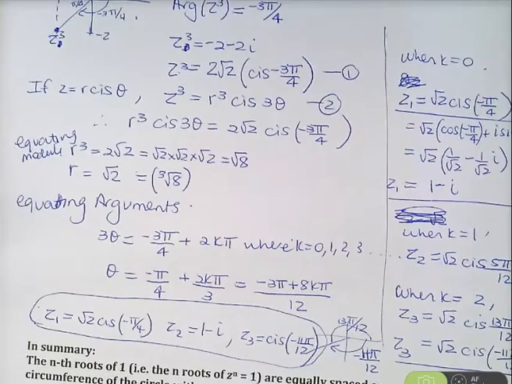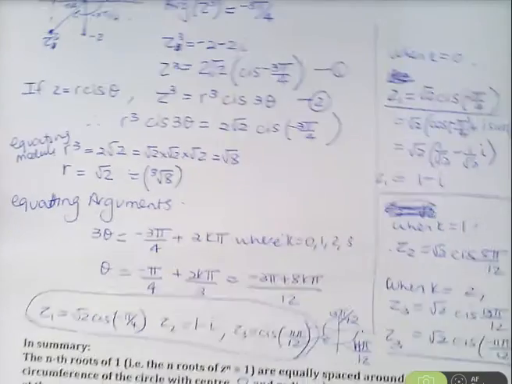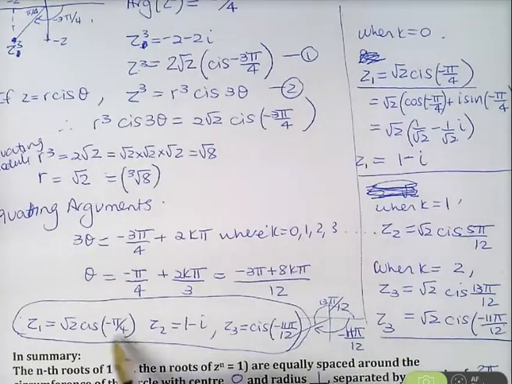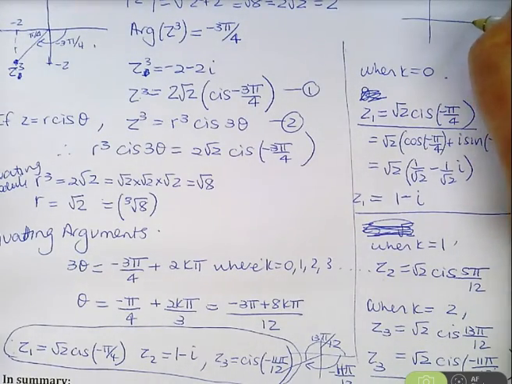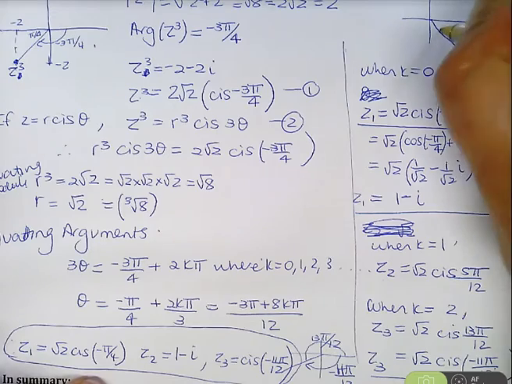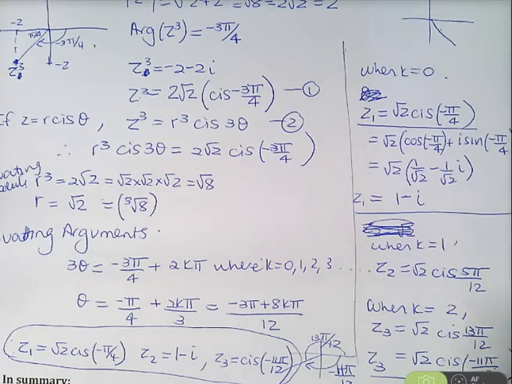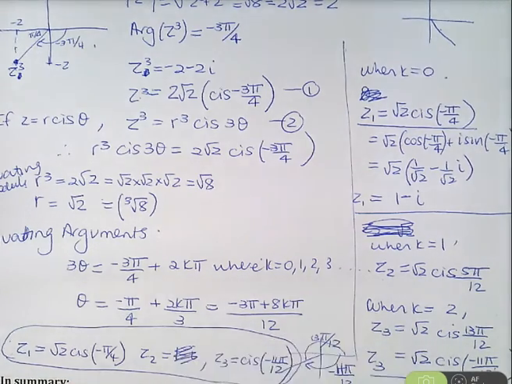So just in this example here, if we sketch where these are, minus pi on 4, 1 minus i, I'm just going to do a quick sketch up here for these ones. So minus pi on 4 is minus 45 degrees there.